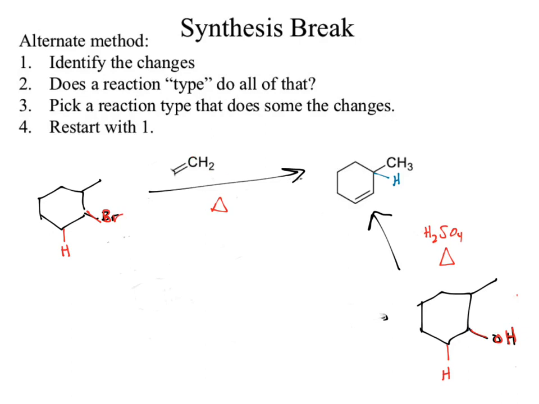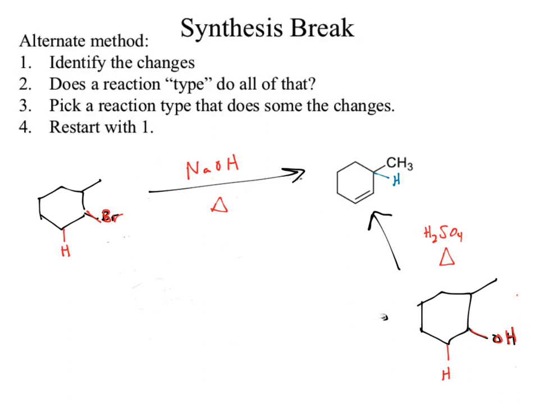So we could try sodium hydroxide. What's the problem with sodium hydroxide? It's a strong base, yeah. It's also a nucleophile. I have a secondary substrate that could potentially become a problem.